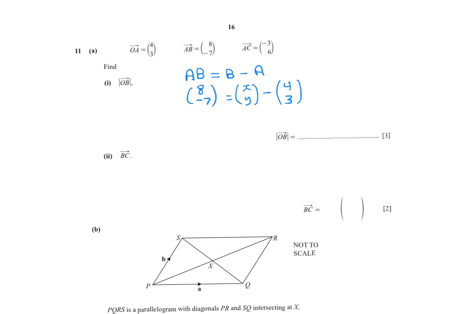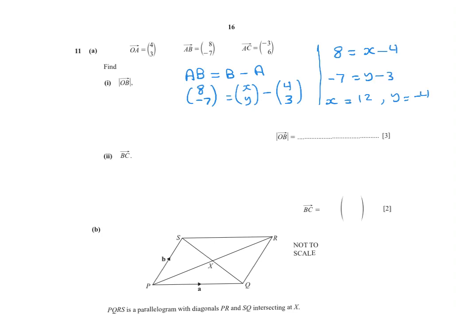So we can say that 8 equals x minus 4 and negative 7 equals y minus 3. So we find x equals 12 and y equals negative 4.